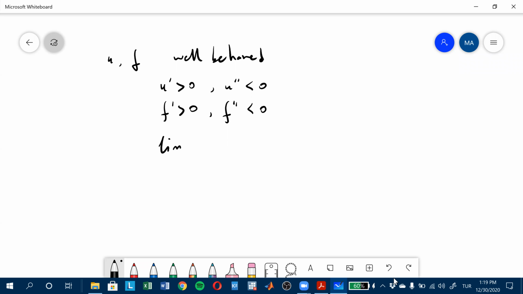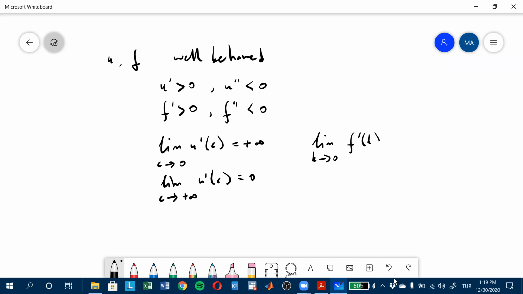You can also assume the Inada conditions. If C goes to 0, then marginal utility goes to positive infinity. If C goes to positive infinity, marginal utility goes to 0. Similarly, for the production function, if K goes to 0, marginal productivity goes to positive infinity. If K goes to positive infinity, marginal productivity goes to 0.